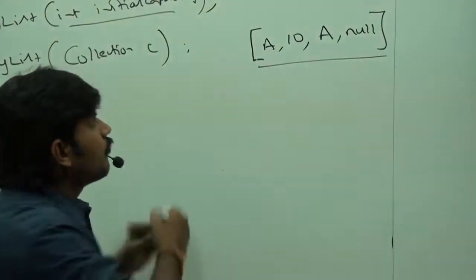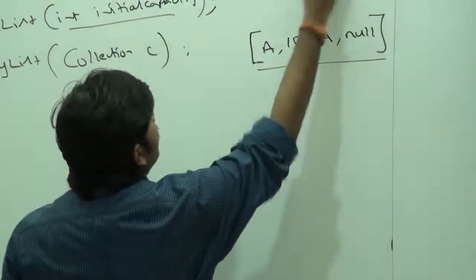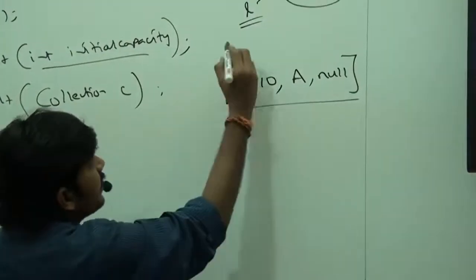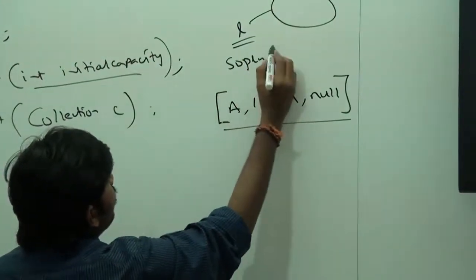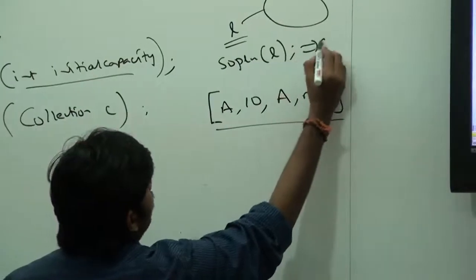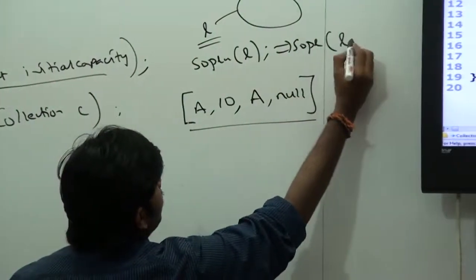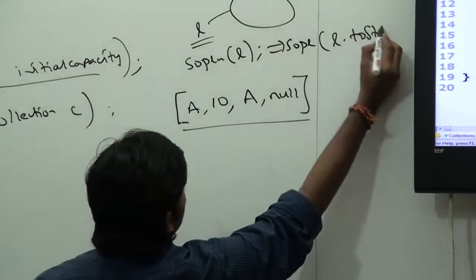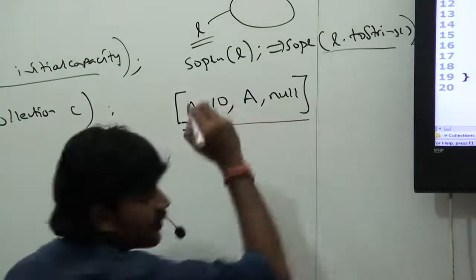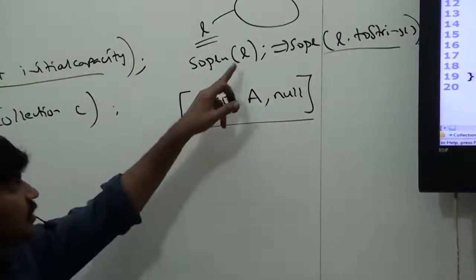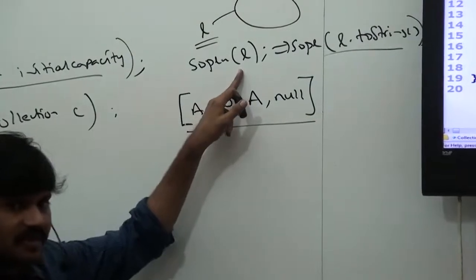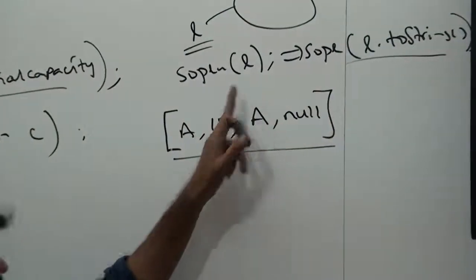Simple. Whenever we are trying to print any object reference, internally which method will be called? The toString method. SOP of L, so L dot toString method will be called. In every collection, how is the toString method implemented?